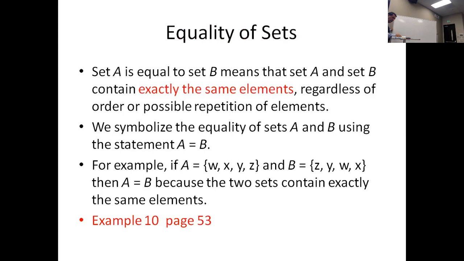Number one, set A is 4, 8, 9. Is it equal to 8, 9, 4? Yes, that's the same elements. B is 1, 3, 5. Is it equal to the other one? No, because the other one has 0. Okay, so that was B.